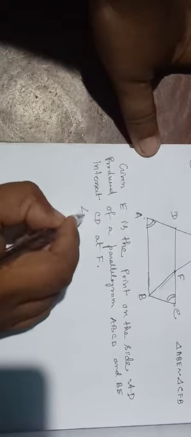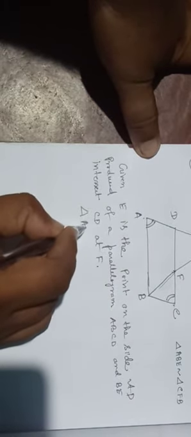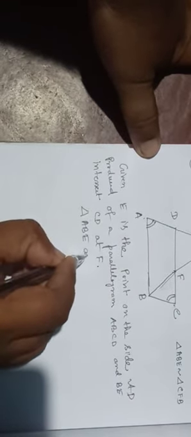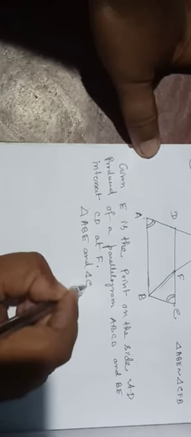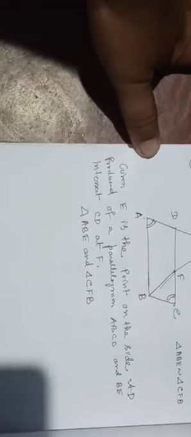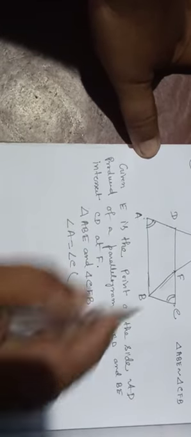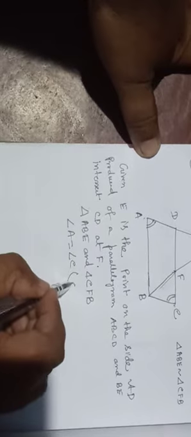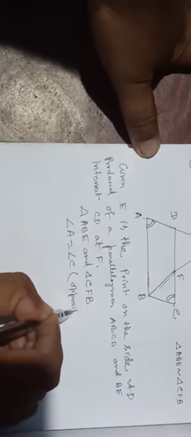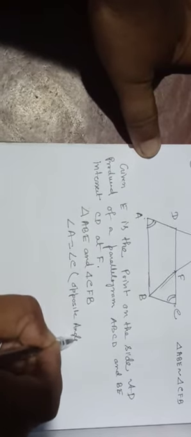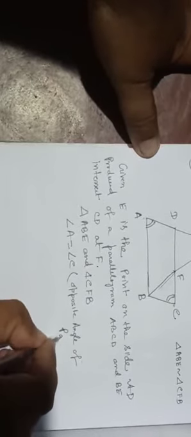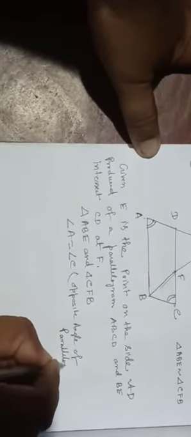Now consider triangle ABE and triangle CFB. Angle A is equal to angle C, opposite angles of a parallelogram.